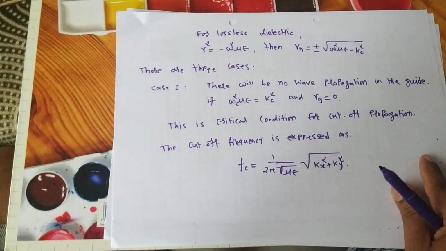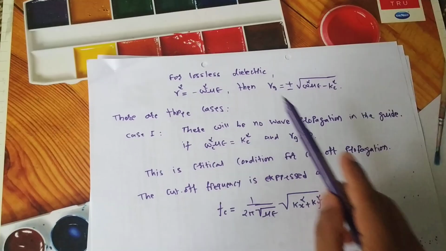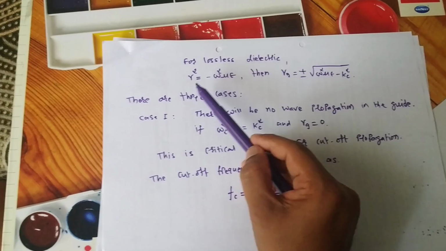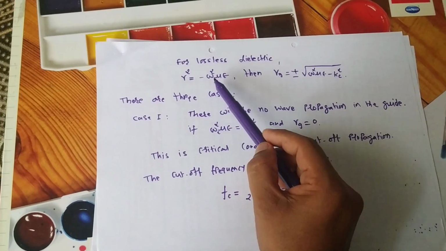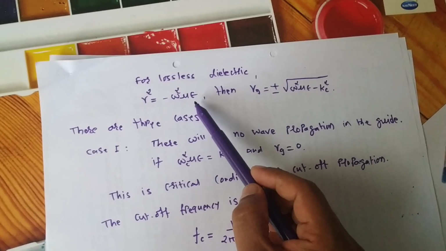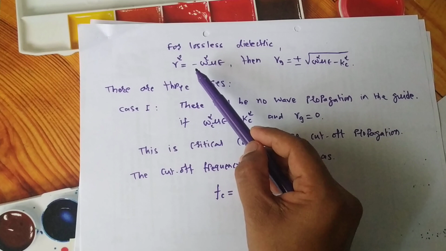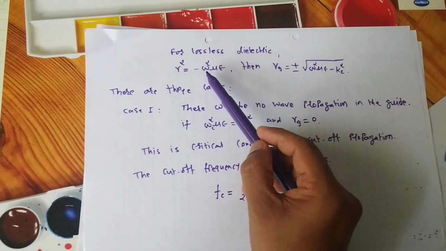As I mentioned, for a lossless dielectric medium, gamma square is minus omega square mu epsilon, which we have already seen in the uniform plane wave case.